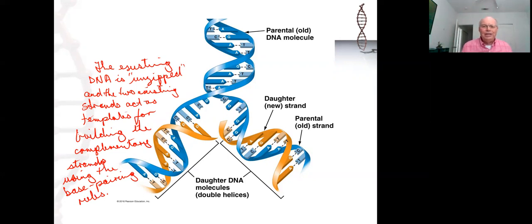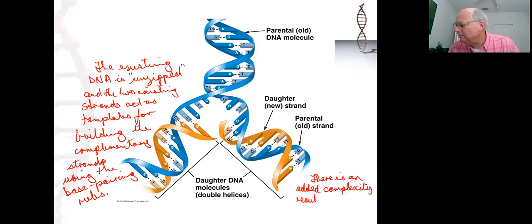A pairs with T, G pairs with C. Now, the added complexity here is due to the fact that the two strands are anti-parallel.